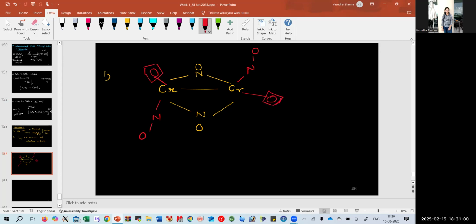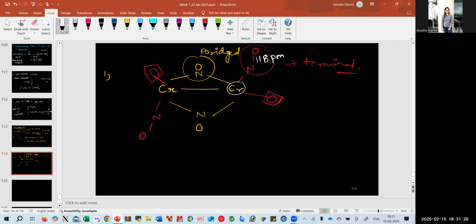Okay, so here the yellow ones are the bridged ones and the red ones are your terminal ones. If you look carefully, I'll highlight the distances and the angles in white color. The N-O distance of the terminal one is 118 picometer, and the bond length between chromium and nitrogen of this terminal one is 169 picometer.